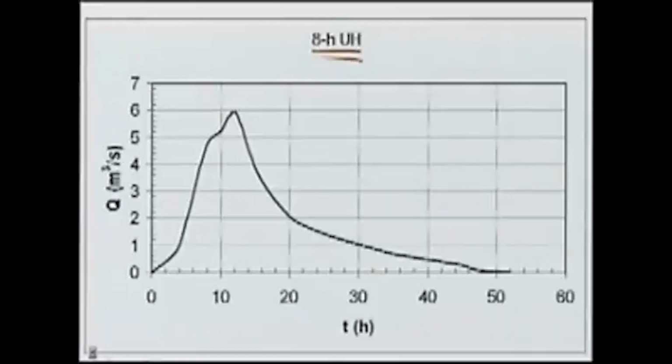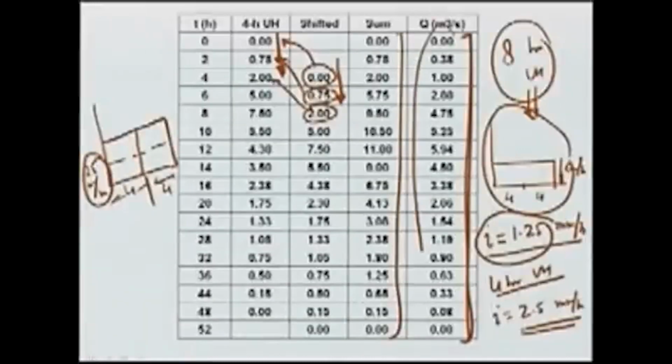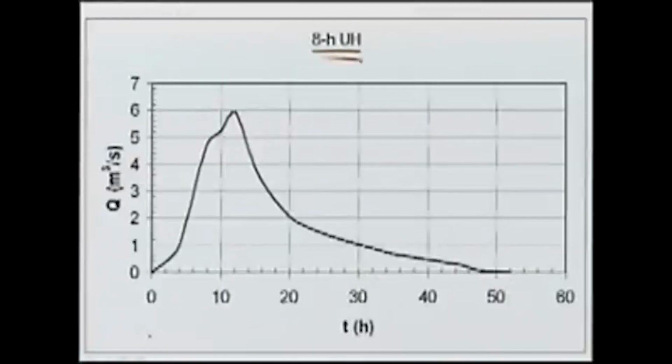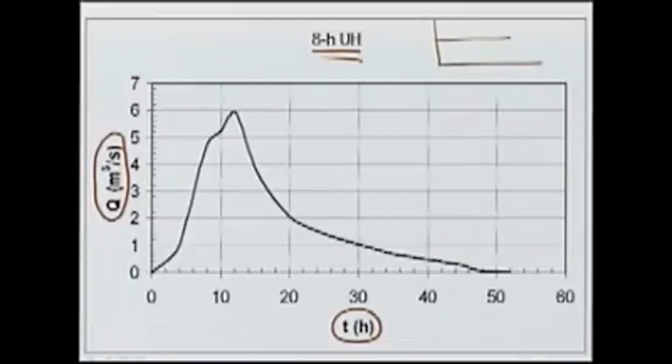which plots this last column versus time. So, at different times what is the discharge which we can get for an 8-hour UH, which means due to a rain of duration 8 hours and intensity of 1/8 centimeter per hour.